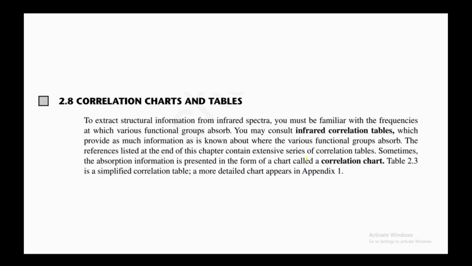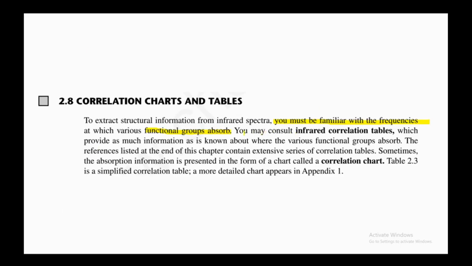Now, the next important topic is correlation charts and tables. To extract structural information from infrared spectra, you must be familiar with the frequencies at which various functional groups absorb. So you should know that the OH group absorbs at this region, the carbonyl group absorbs at this region, benzene absorbs at this region, aldehyde absorbs at this region, ketone absorbs at this region. So you must have an idea of which functional groups absorb at which position.